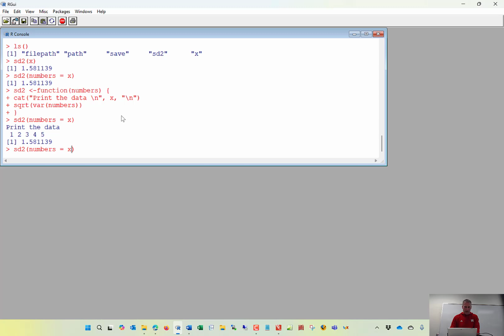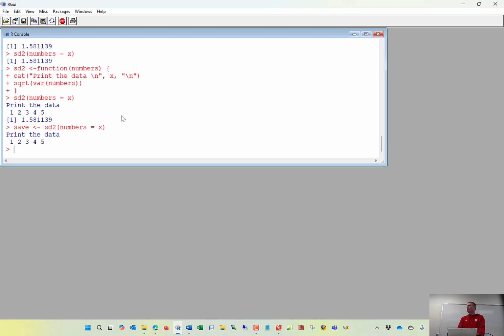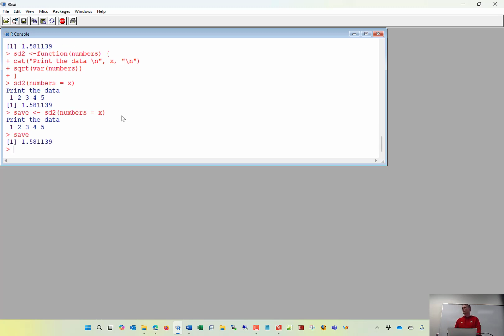So I could also do this. If I say save gets the results from SD2, notice it still prints. What's inside of save? Well, it's the standard deviation.